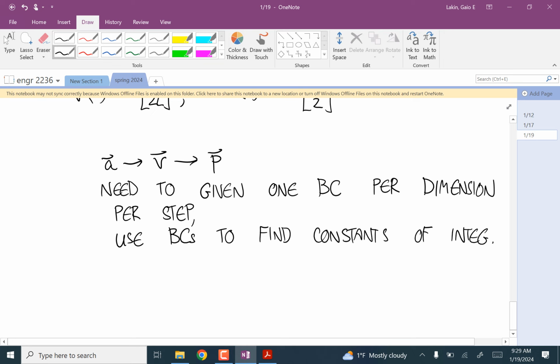When I say one boundary condition per dimension, I'm talking about, well, if this is a one-dimensional motion, position is just a scalar, velocity is just a scalar, acceleration is just a scalar, you only need one boundary condition. If it's a 2D motion, then position is an x and a y component, velocity is an x and a y component. So then each step you need two of those. You with me on that?